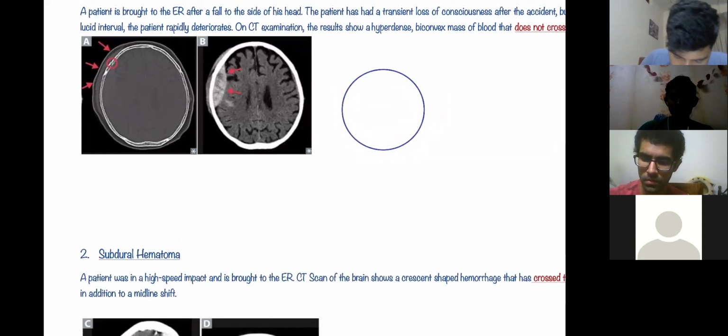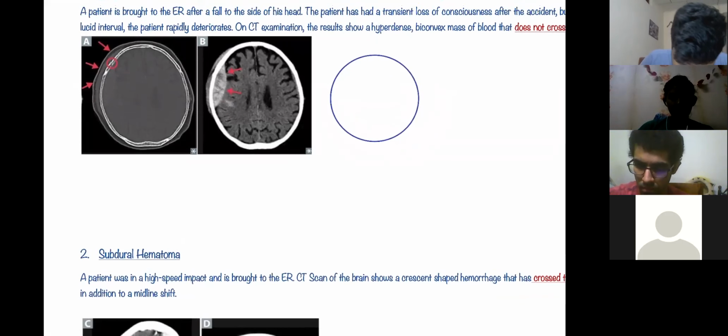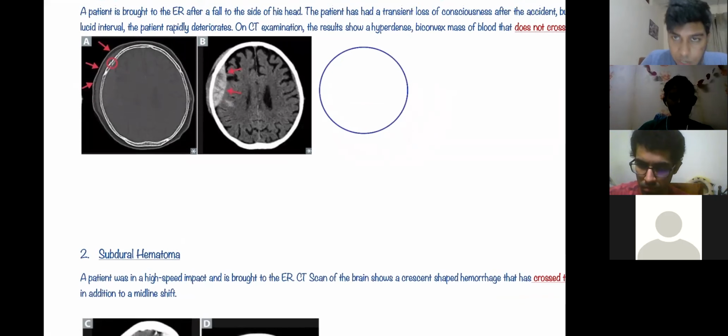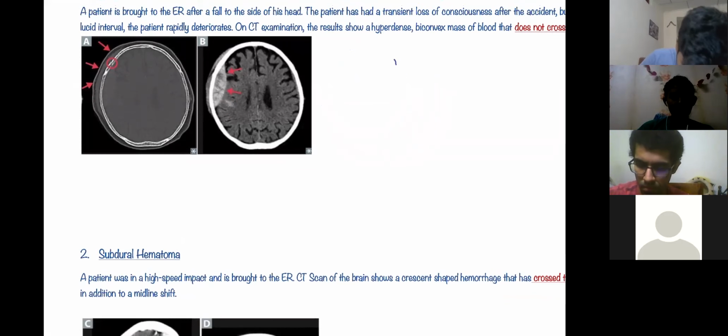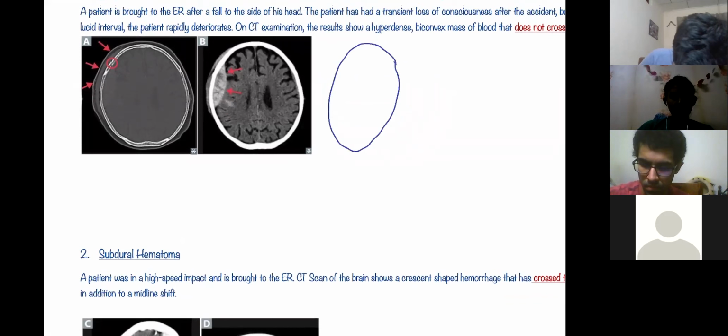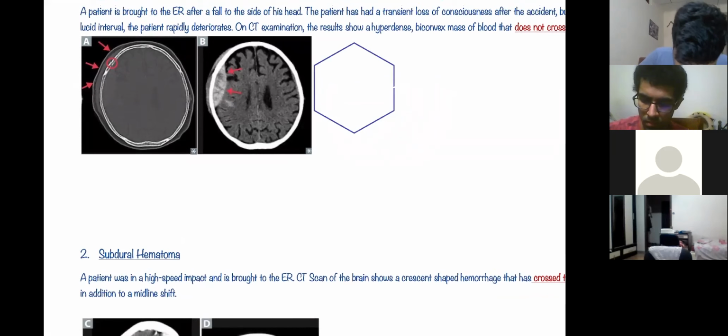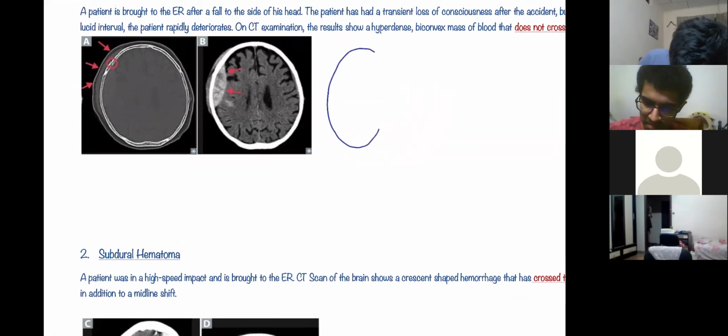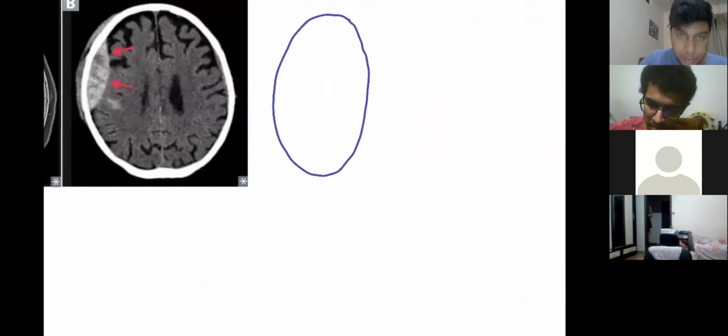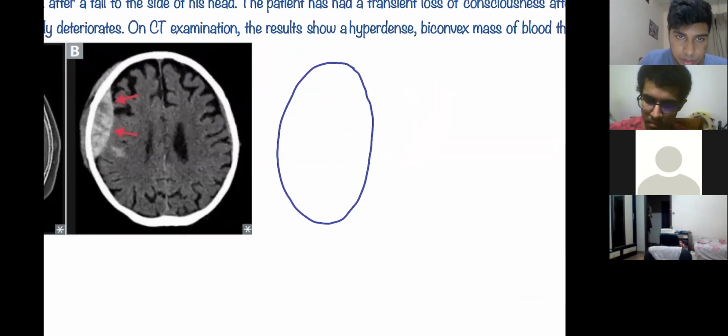Just don't fill this entire space. We need space. It's not circular, it's an oval shape, but okay. This is the skull that I just drew.